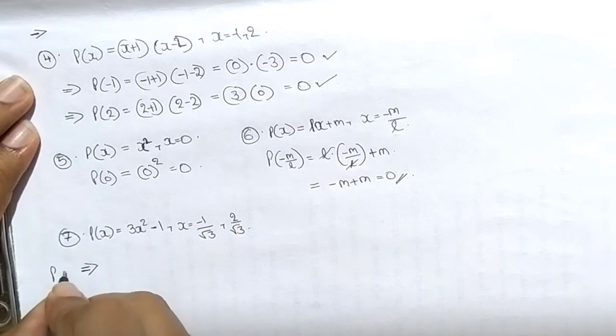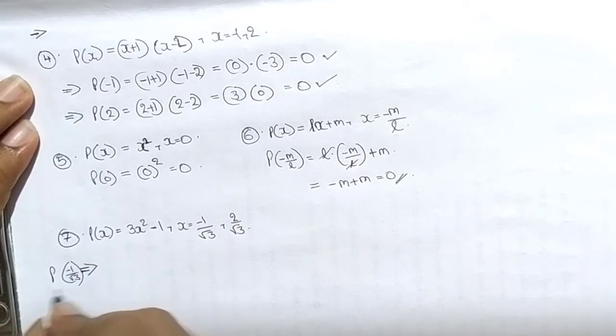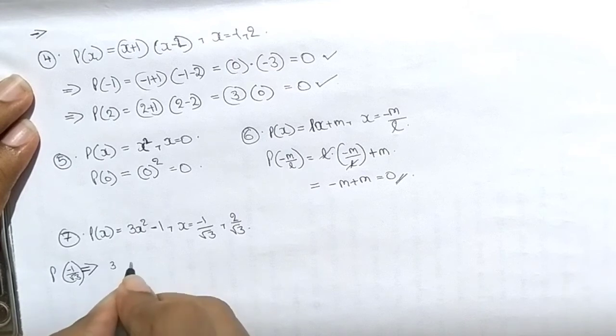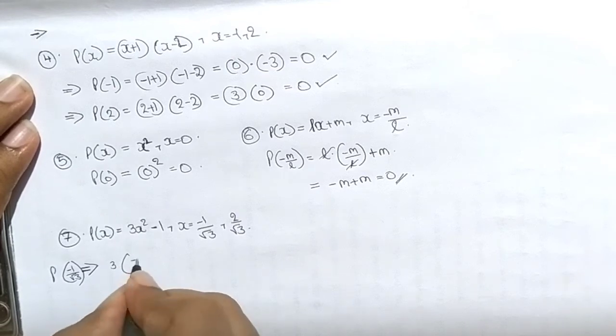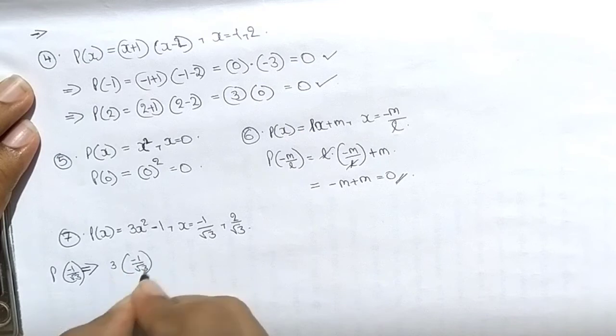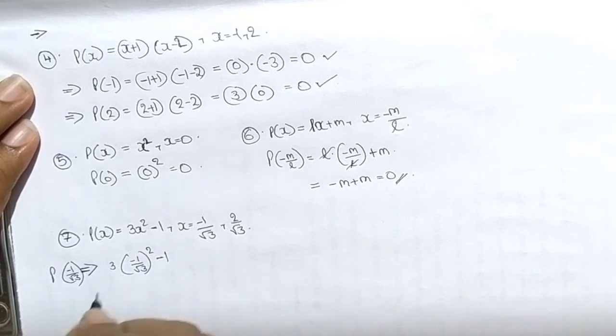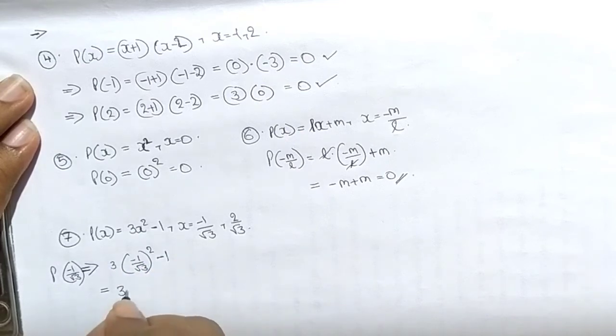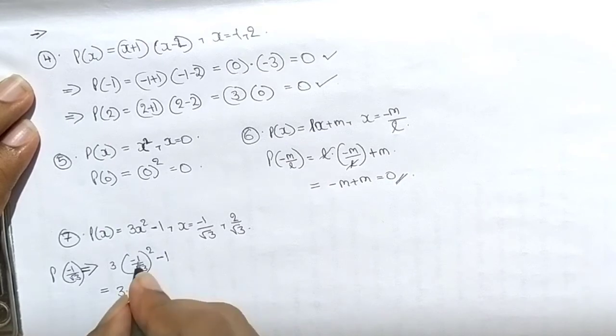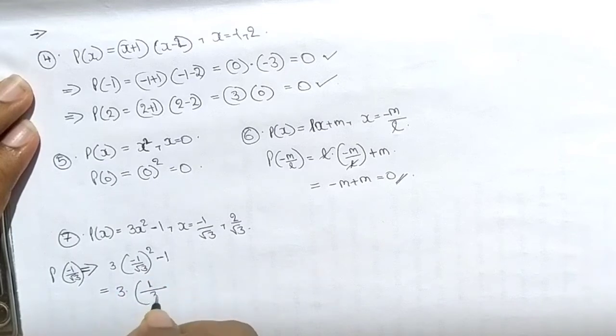Let us take first value P of minus 1 by root 3. Substitute 3 into minus 1 by root 3 square minus 1. This is going to give you 3 into square minus 1 square is 1. Root 3 square, square and square root cancel, we are left with 3.